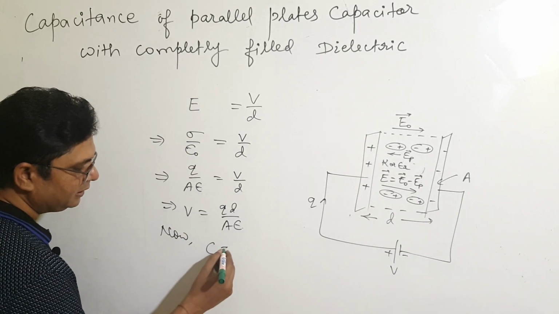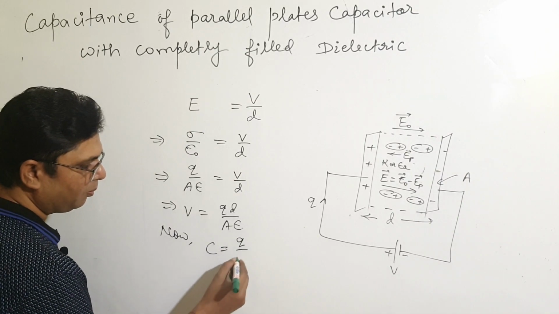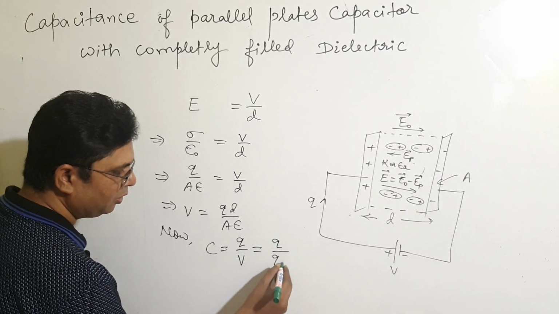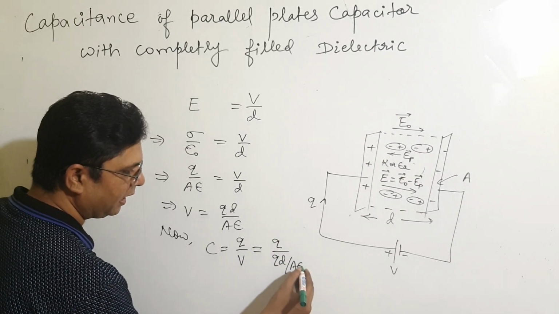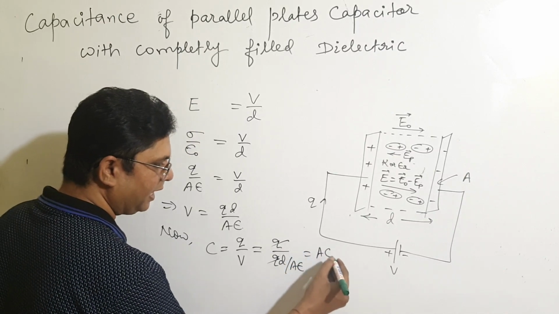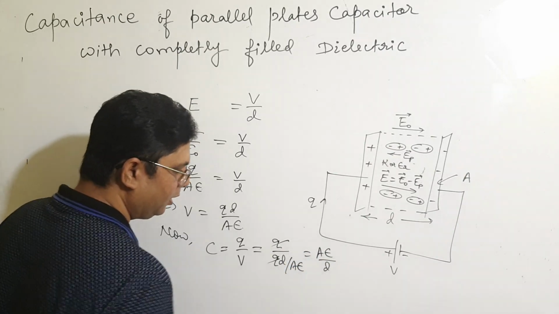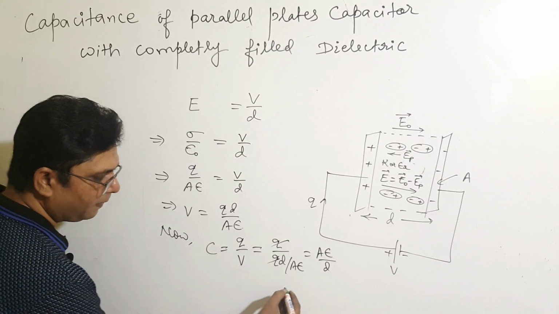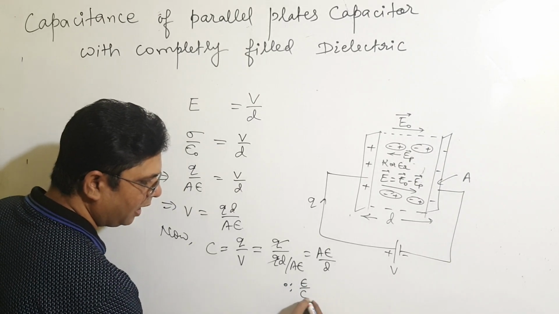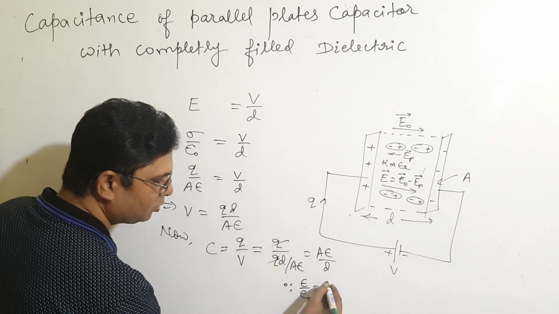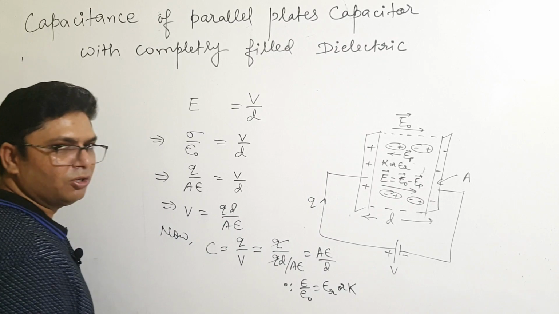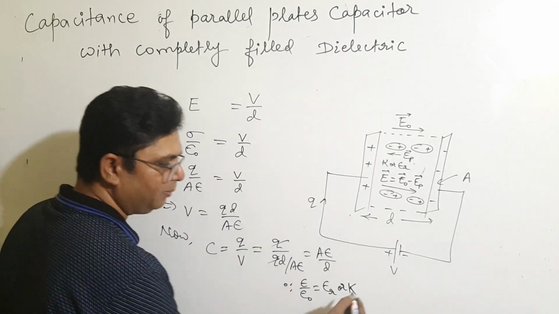Now C equals Q upon V. Put the value of V here, so it equals Q upon Q D upon A epsilon. Cancel this Q, so you have A epsilon upon D. Now you know that epsilon upon epsilon naught equals epsilon R or K, the dielectric constant or relative permittivity.